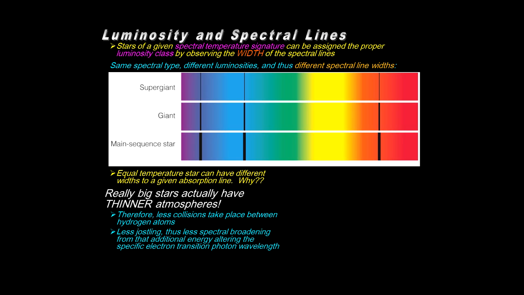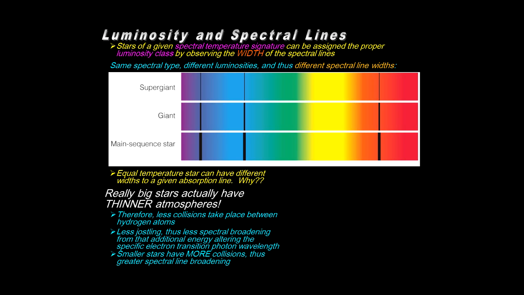So the really big stars, like a supergiant, which is just a star that's really blown up a lot, and as huge as it is, the atmosphere is thinner, and so the atoms are further apart from each other. They have less interaction with each other, less energetic jostling around, and so they only absorb those special, specific wavelengths corresponding to the electron energy transition.